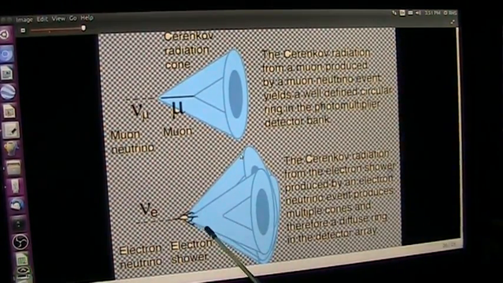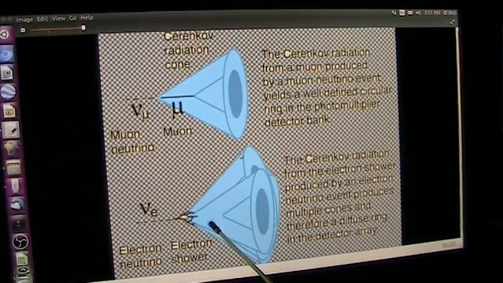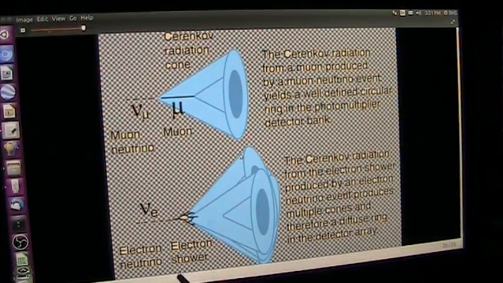Now, they're looking at these from nuclear particles stepping down into heavy water and things like that, into a lower medium. I'm saying I stepped it up and smashed it back into the normal medium. So they're saying Cherenkov radiation from the electron shower produced by an electron neutrino event produces multiple cones and therefore a diffuse ring in the detector array. I don't see any difference from what I'm showing.